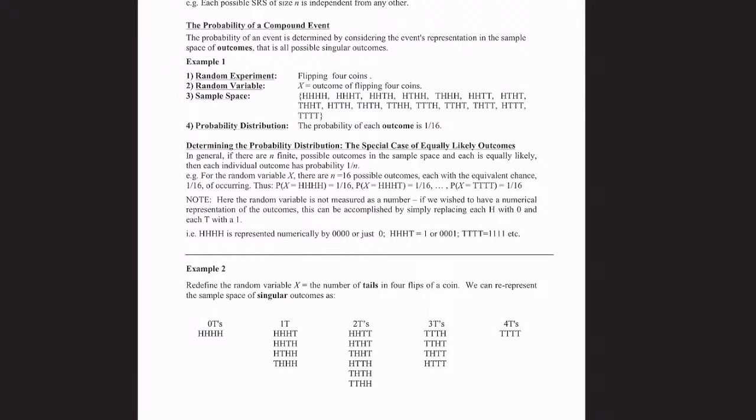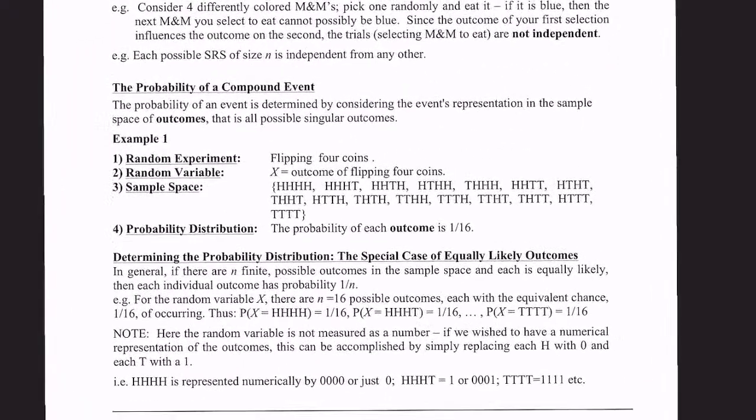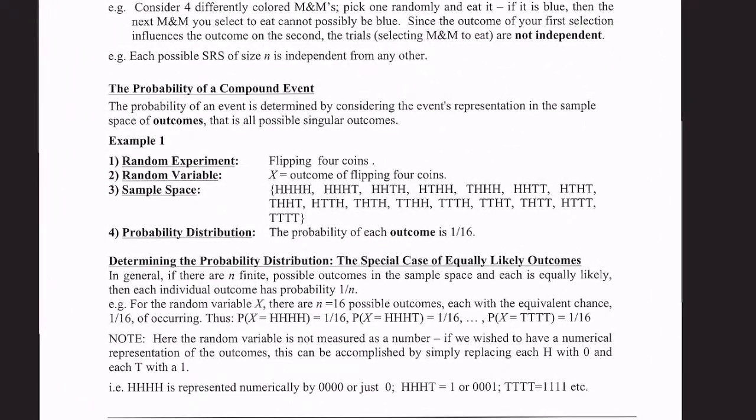And then I have some other examples. Consider 4 differently colored M&Ms. Pick one randomly and eat it. If it's blue, then the next M&M you select to eat cannot possibly be blue because they were 4 differently colored M&Ms. Since the outcome of your first selection influences the outcome of the second, the trials are not considered independent.